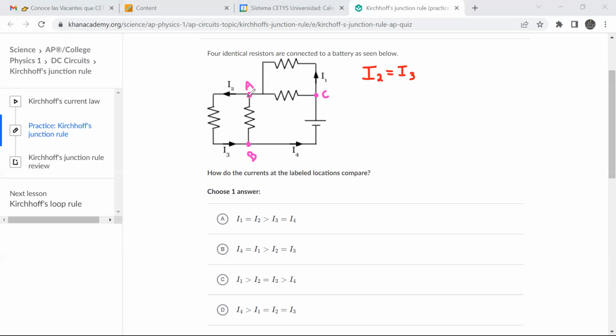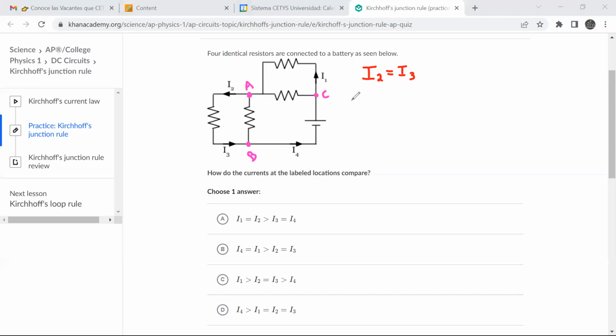The resistor is the element. In that little part in the middle, what direction would the current be going? It doesn't matter. It's going into this point. It would still be going from A to D. It goes from one point to the other, but the point is connected at the same junction.